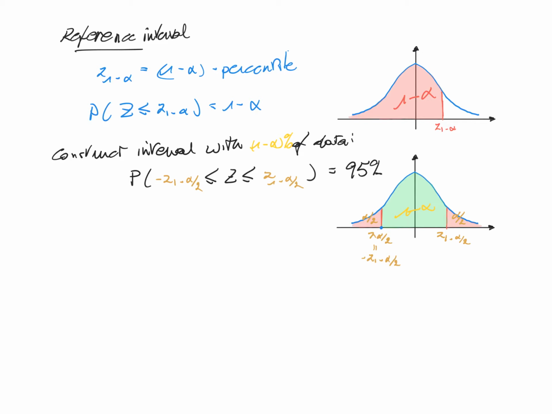So this was the special case for a standard normal distribution because we used the letter z. But we also know that we can transform any normal distribution into a standard normal distribution. So we can also apply the inverse transformation. To do this, we just replace z by x minus mu over sigma, and then we bring it back to an interval around x.